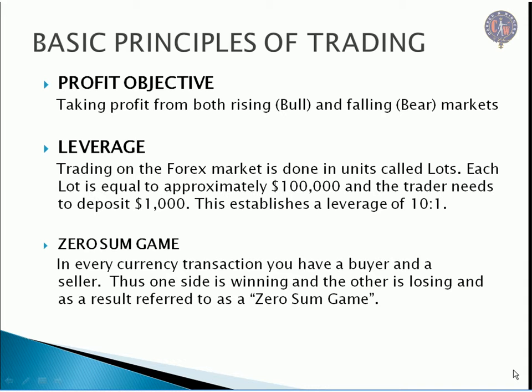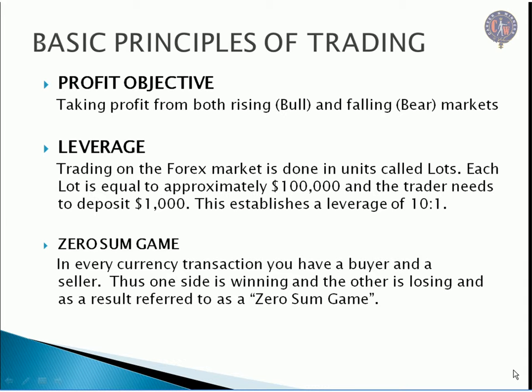The next principle is leverage. Trading in the forex market is done through units called lots. Each lot is equal to approximately $100,000. The trader needs to deposit $1,000 into a margin account at the broker for each lot dealt.